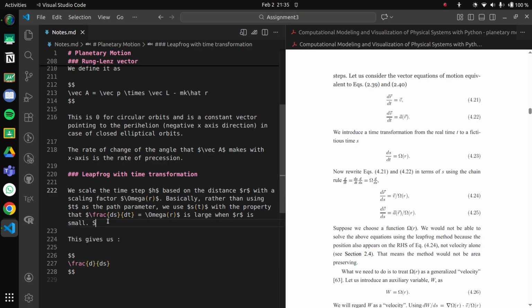So now we need to solve for v of s and r of s, and then t of s.